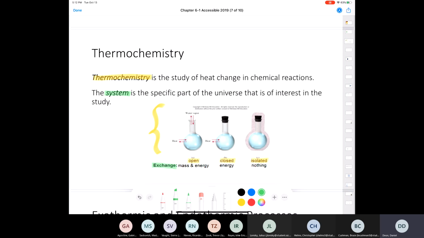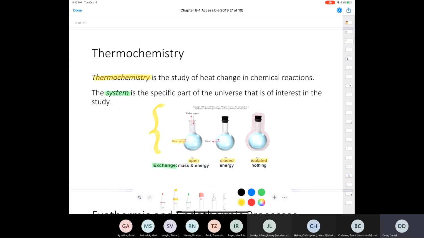If we're dealing with an open flask like that, so the top is open and you can see that there's no insulating material on it, well, what does that mean? It means if you do a reaction in that vessel, it's going to be able to exchange both mass, as, let's say, water vapor or steam, or some other gas that's produced can come out of the top, right? So it can exchange mass, and it can also exchange energy in the form of heat.